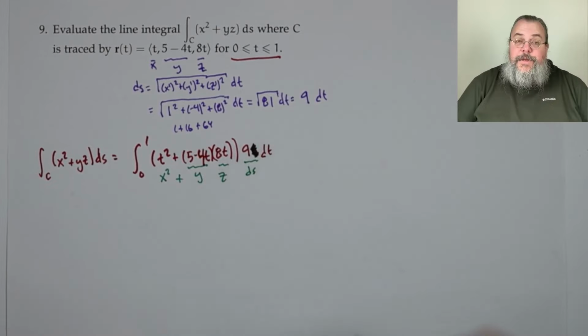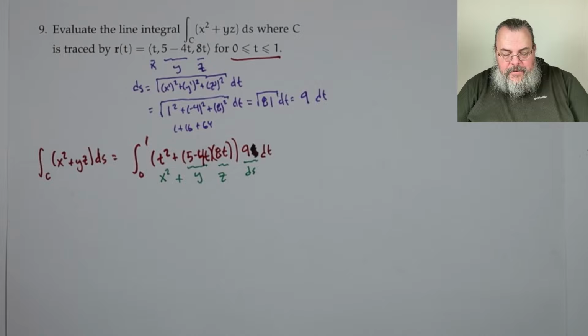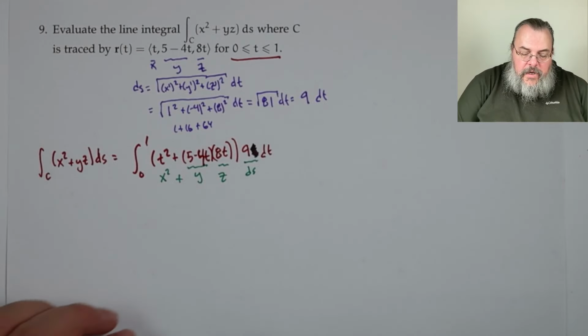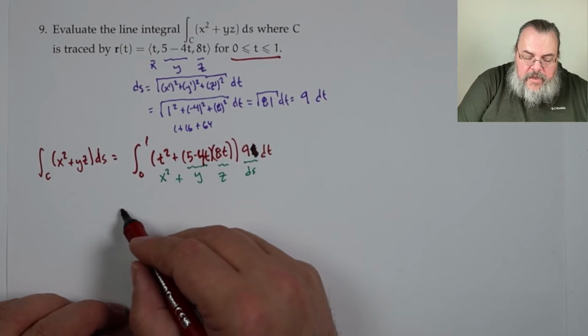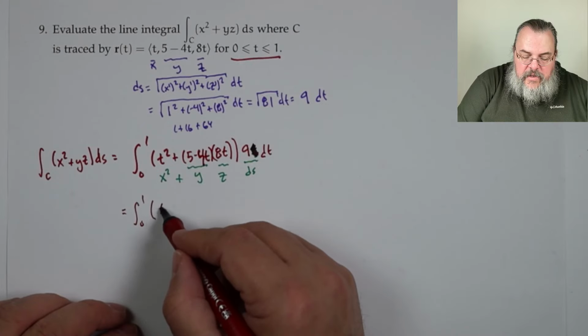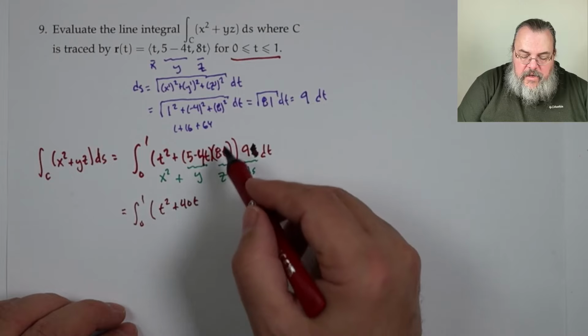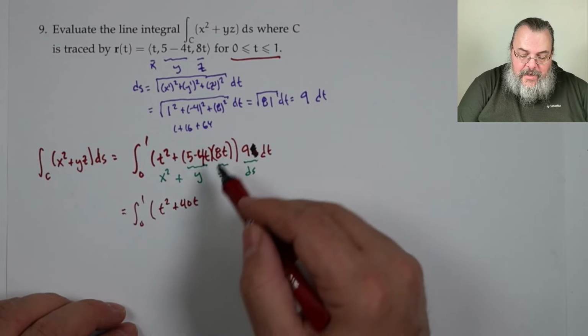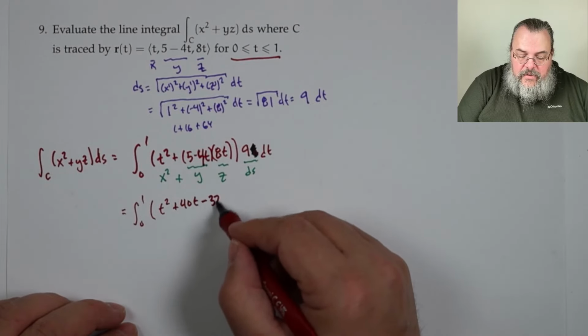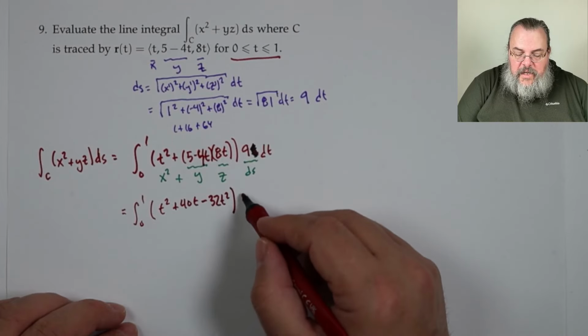That's okay, that's why we take time to check our work and correct our mistakes. Well, let's see, what does this become? Integral 0 to 1 of t squared plus 40t, because 5 times 8t is 40t, minus 32t squared, and then there's a 9.